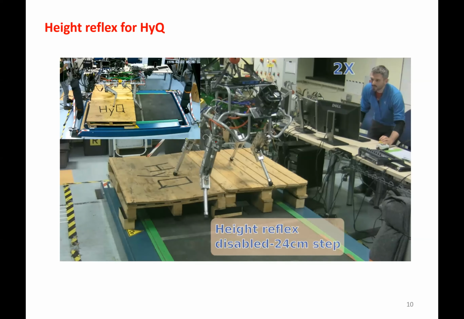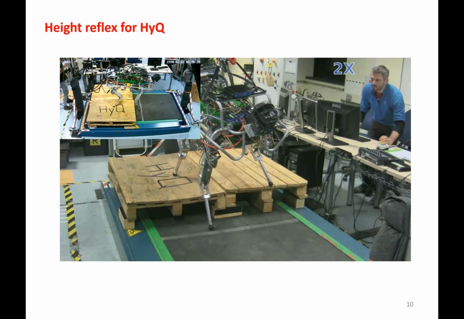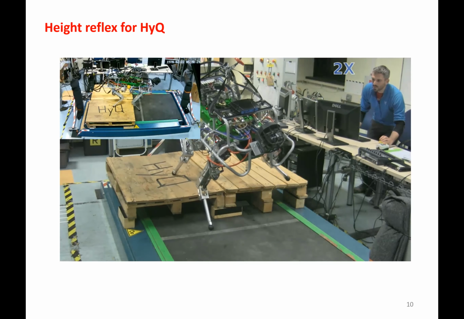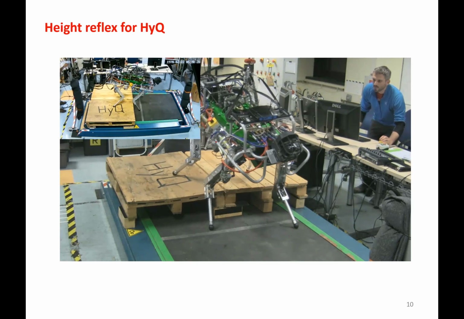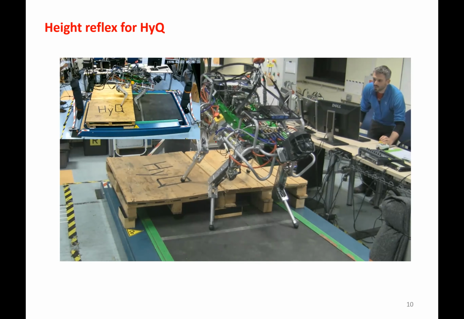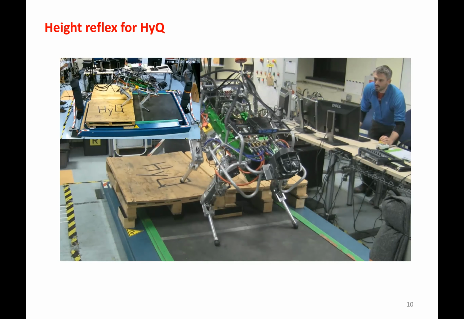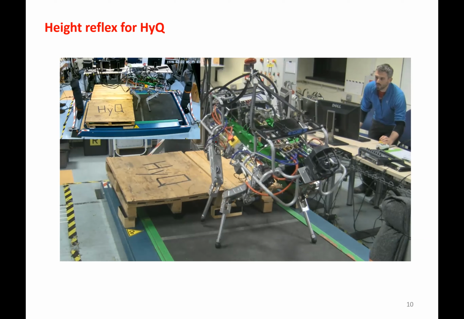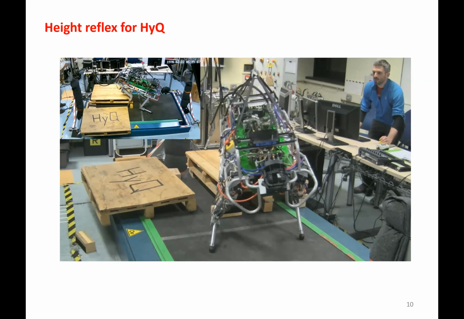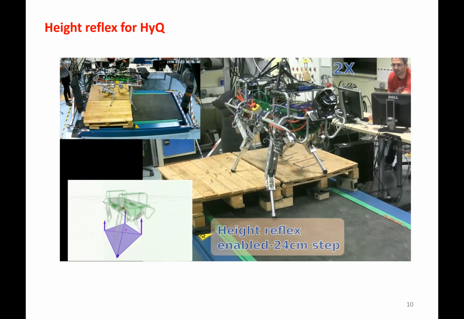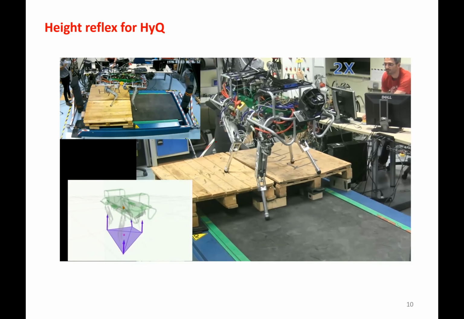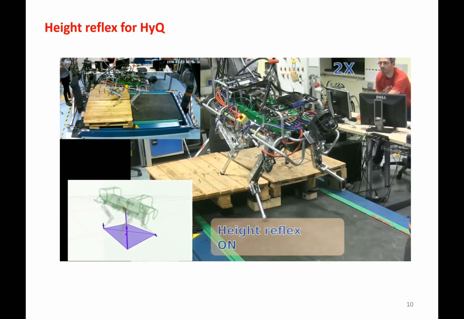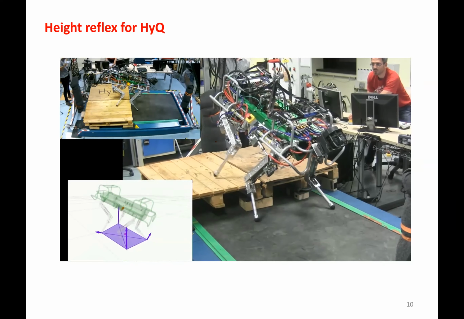And here is an example of our quadruped robot that needs to step down from a high pallet, 24 centimeters high. And we see here that it was reaching the kinematic limit in the front legs, and eventually it falls. While with this other approach, we exploit the motion of the other legs, the stance legs, to aid the swing motion.